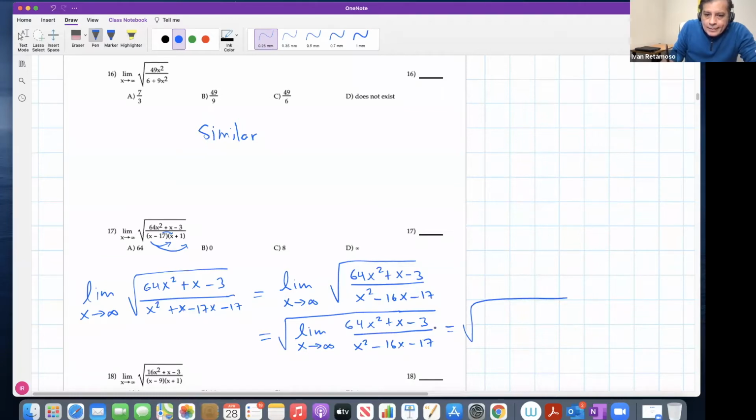So its application is very straightforward. So trade this quotient of functions by the quotient of their respective derivatives. Derivative of the numerator will be 2 times 64 is 128x. Derivative of x is 1. Twice x, derivative of x squared, minus 16, derivative of 16x, right?